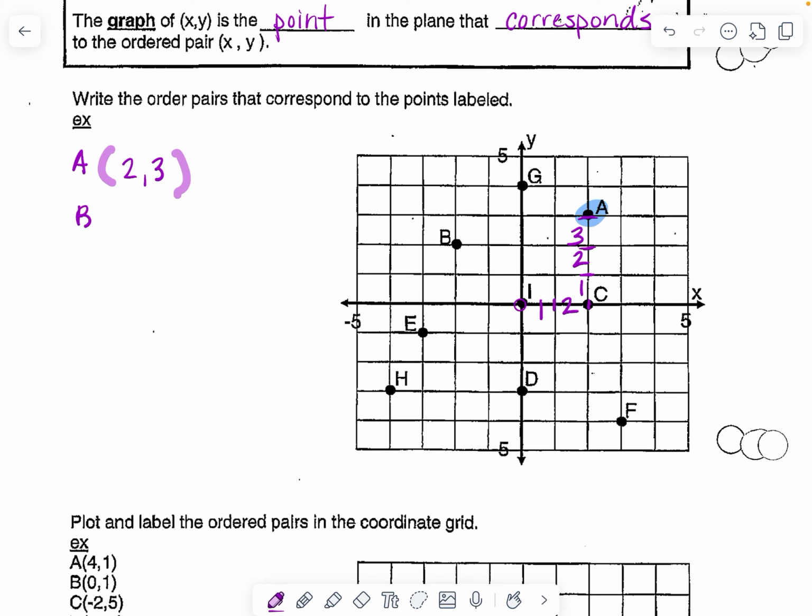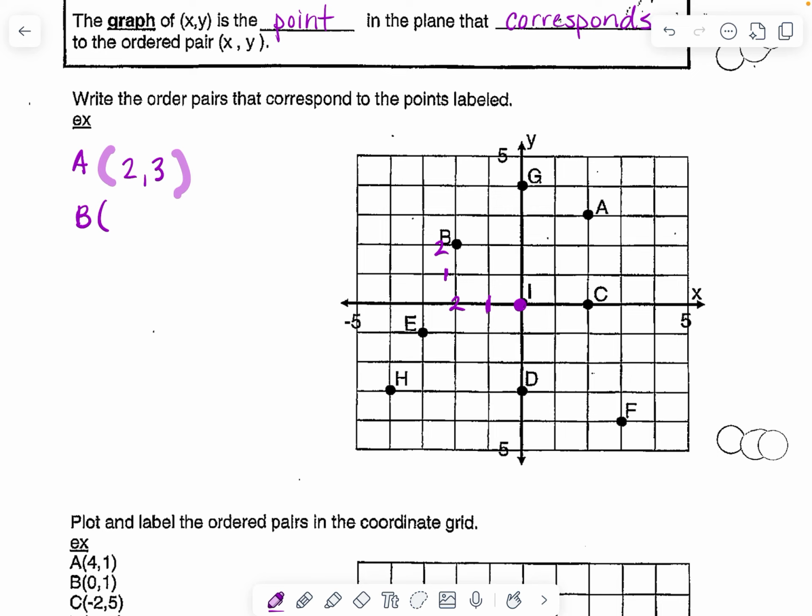If we talk about point B, again, start at the origin and ask yourself, how did you move as you traveled from the origin to point B? If you start at the origin, you'd be moving 1 square, 2 squares to the left, and you would be moving up 1 square, 2 squares.